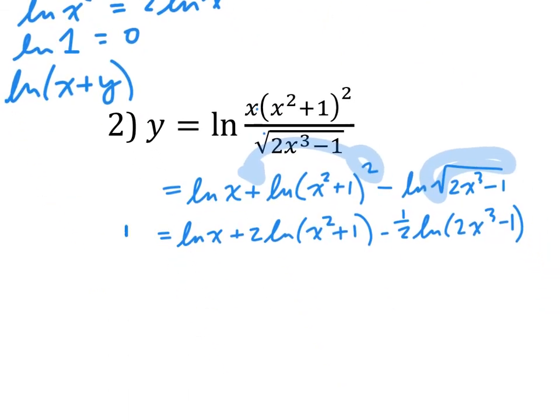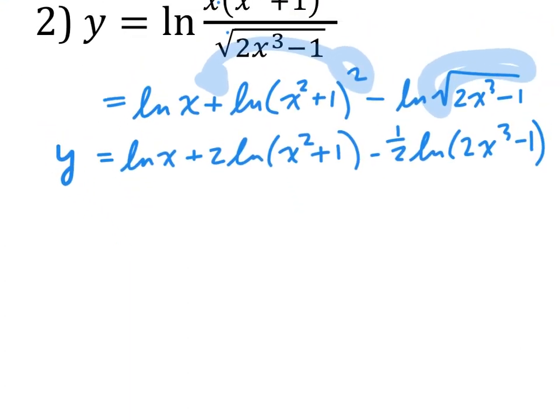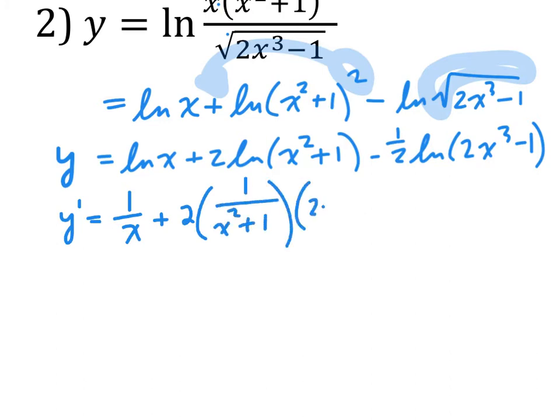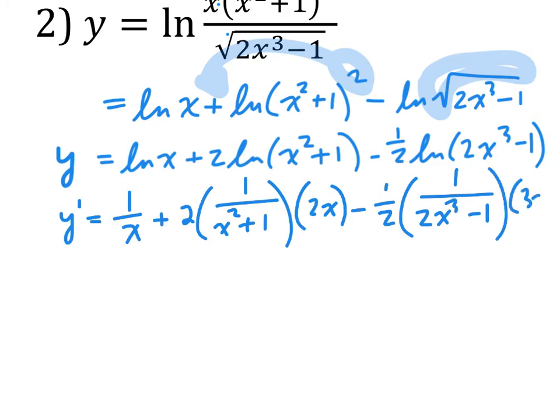All right, so remember this is still all equal to y. So if we're trying to figure out the derivative of y, what we now need to do is take the derivative of each of those terms. So now it's much easier to do. 1 over x plus 2, and then the derivative, chain rule, minus 1/2 times 1 over this whole thing, chain rule.